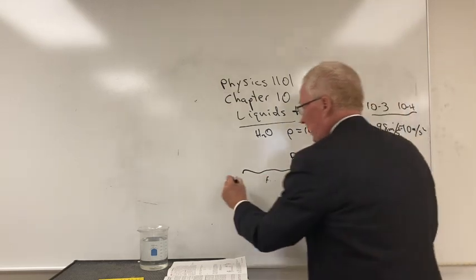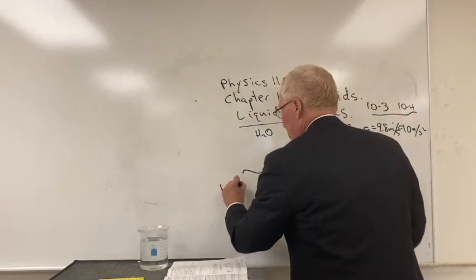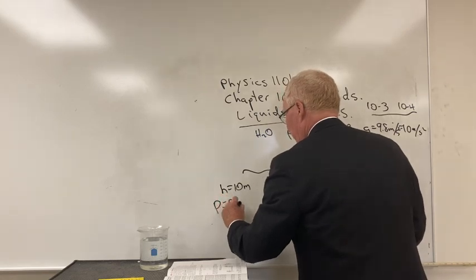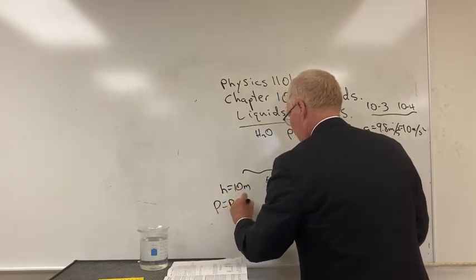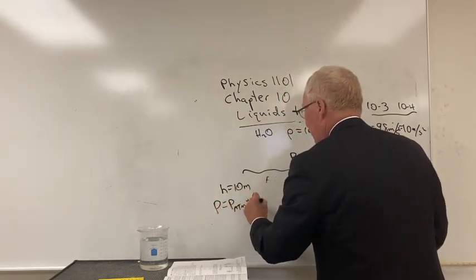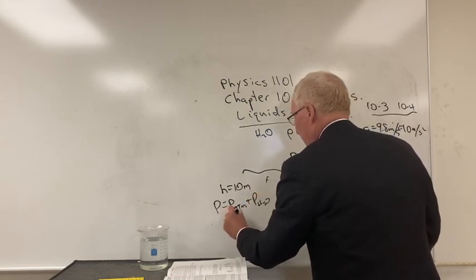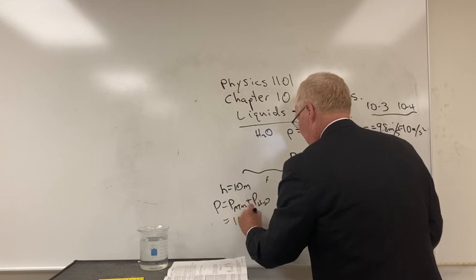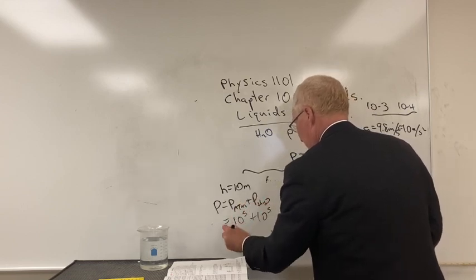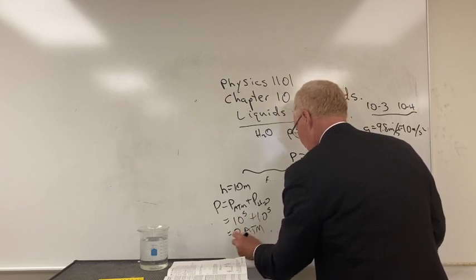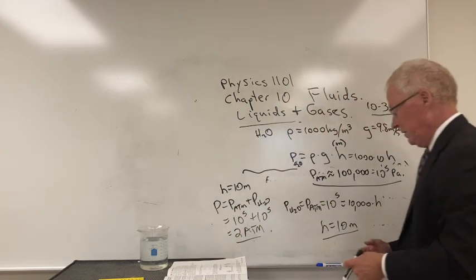So for H is 10 meters, then total P will be P of atmosphere plus P of H2O, which is 10 to the 5th plus 10 to the 5th, or 2 atmospheres. Be careful, don't add that into 10 to the 10.